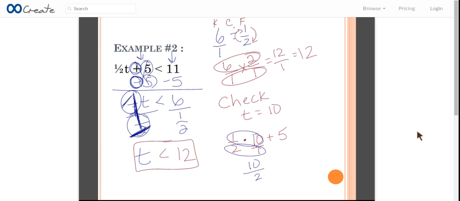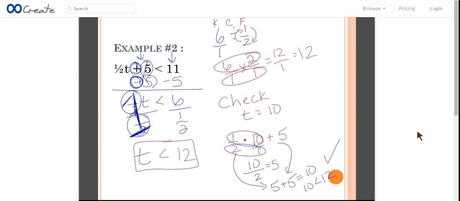So 10 halves is the same as 5. So this part right here is 5. And then I bring down this plus 5. 5 plus 5 is 10. And 10 is less than 12. So that works as well.